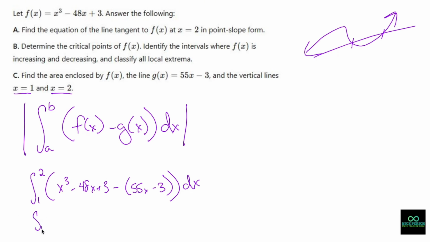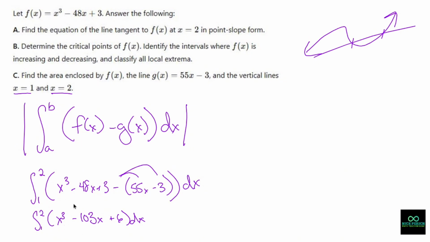So that turns into the integral from 1 to 2 of x cubed, negative 48 minus 55x is going to be negative 103x, 3 plus 3 is 6. Okay, now I can integrate.